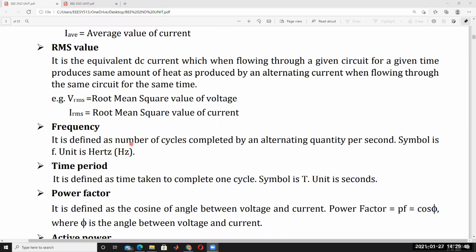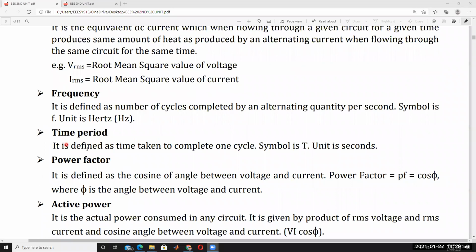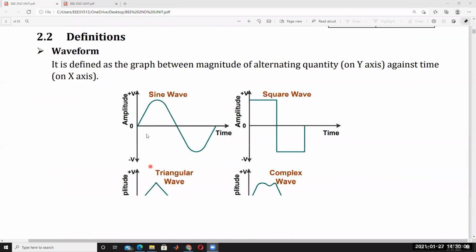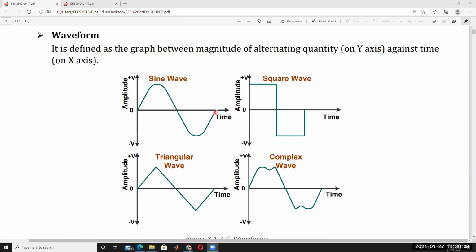Frequency is the number of cycles completed by an alternating quantity per second, denoted by small f, units are hertz. Then time period. It is defined as the time taken to complete one cycle. This is one cycle, and this is called time period.